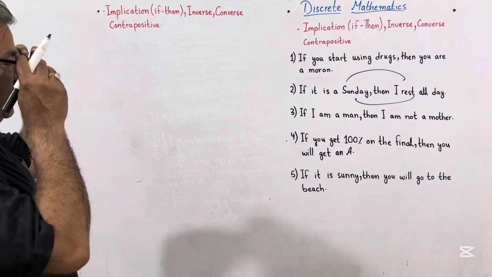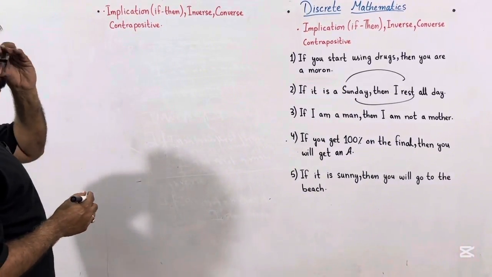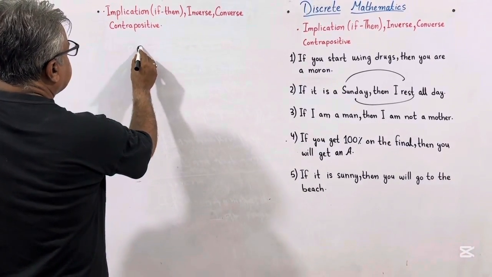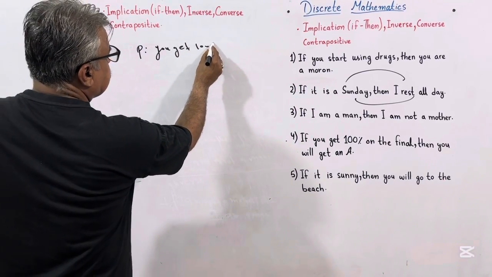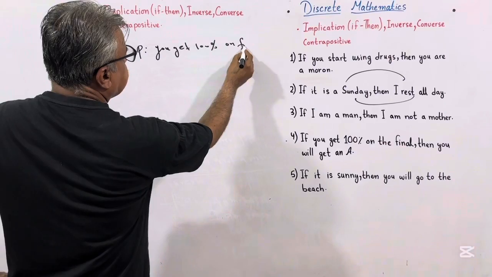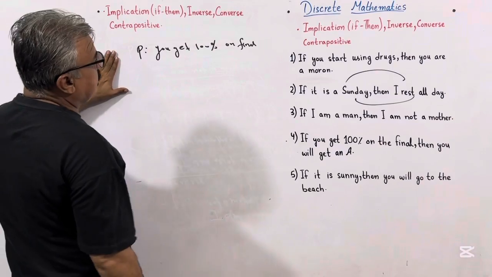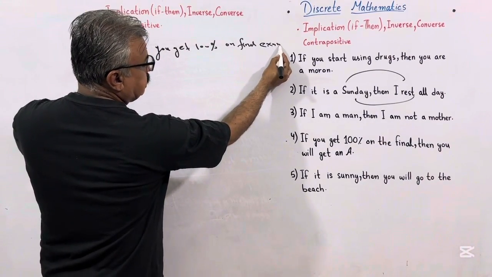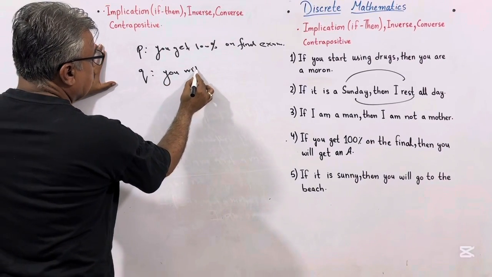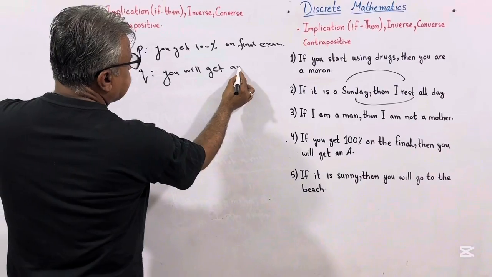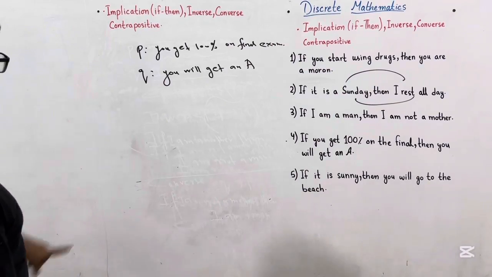This implication reads as if you get 100% on the final, then you will get an A. Suppose P is you get 100% on final exam, and Q is you will get an A grade.